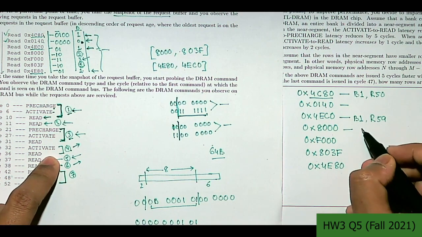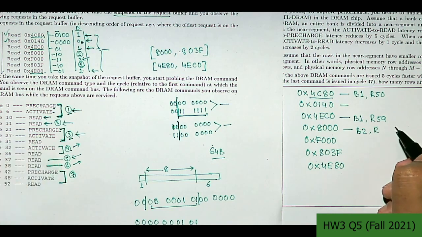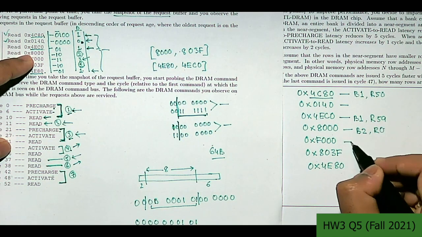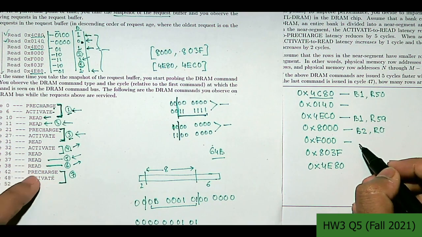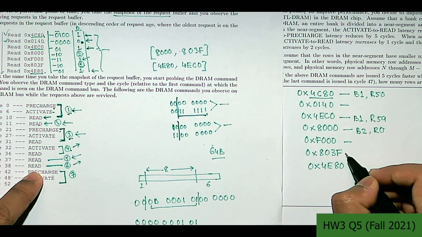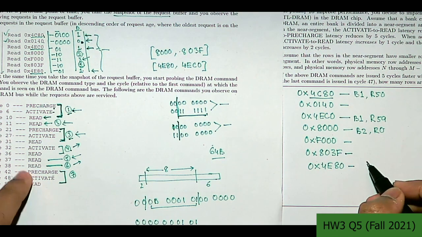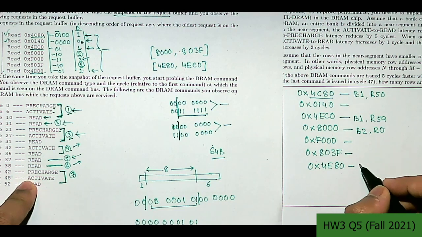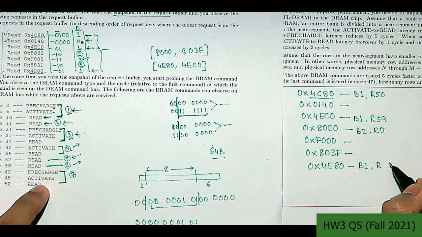This guy is for bank 2, and this is for row what? I believe it's 0. This guy is again a hit, and this guy is again a hit, so we are not considering them for now. This guy is another one which has an activate. This is bank 1, and this is row 58.